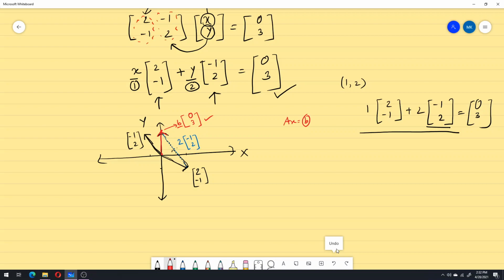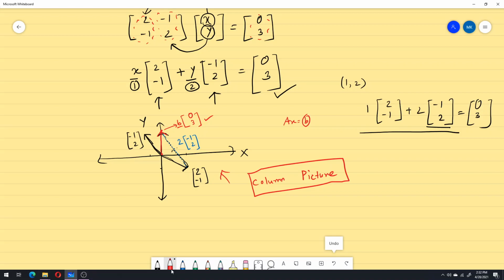You have worked with individual columns, so that's why this picture is called the column picture, and this is mostly important to us. Throughout the course we work with the column picture. Why? We'll know later.